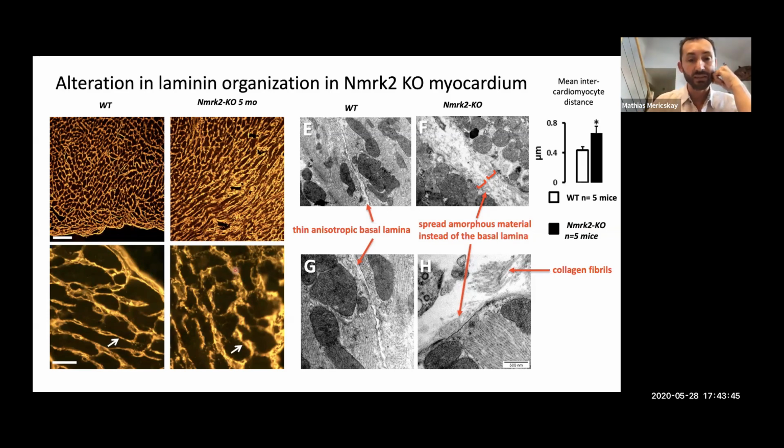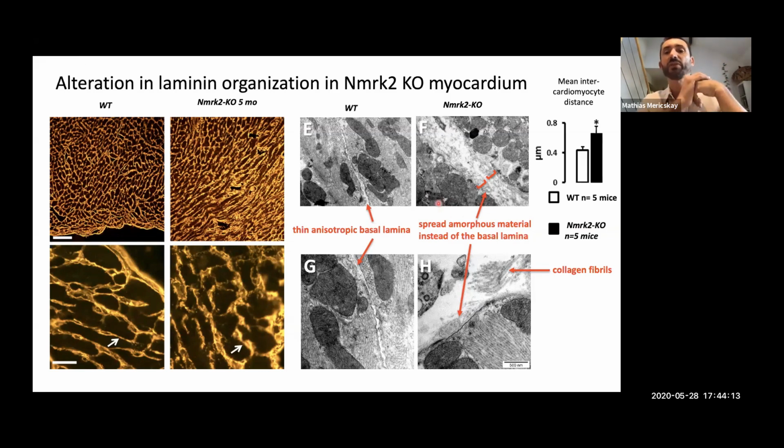We could see an aberrant pattern of the basal lamina, which is highlighted here by an anti-laminin antibody, the partner of this integrin alpha-7 beta-1 complex. As you see, in a normal wild-type myocardium, it's a rather thin and well-delineated basal lamina, whereas here it's fuzzy and seems to be wider between the cardiomyocytes.